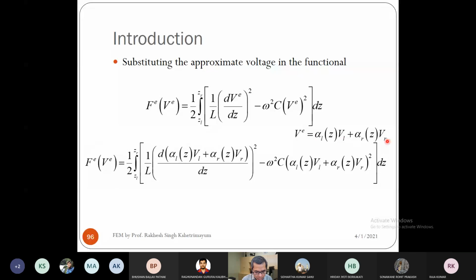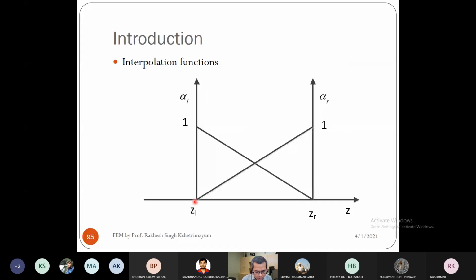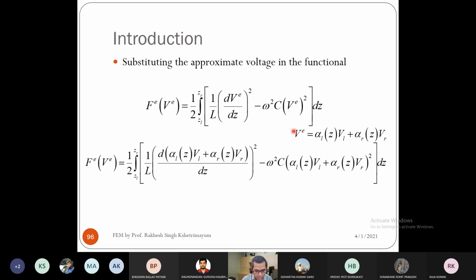That's why we have put it L and R. So looking at this diagram here, this is the left and this is the right. So we have a subdomain basis, subdomain interval. We have a small interval from ZL to ZR.